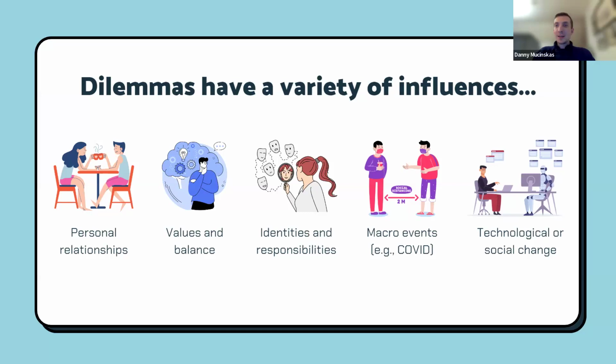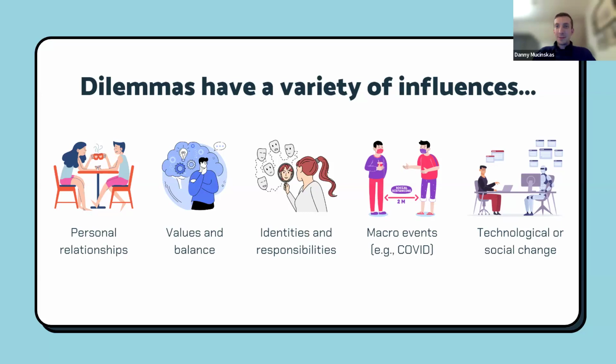Certain wide-scale events can also cause dilemmas or be involved in dilemmas. So COVID is an example that we all lived through. And we saw that during COVID, there were many different dilemmas people were facing about how much socialization should I be trying to do right now, given the risks that are involved.